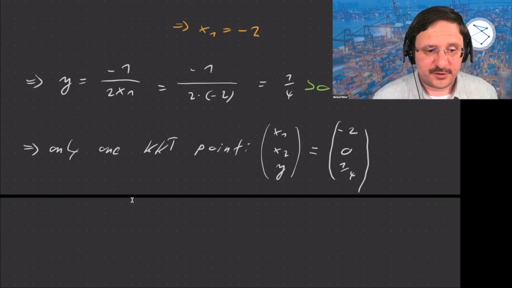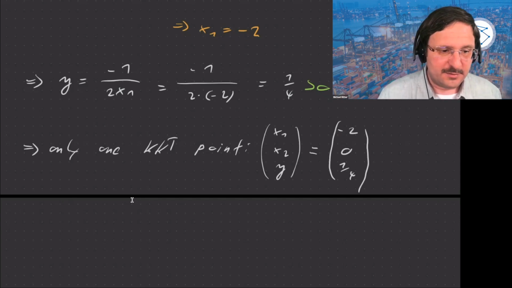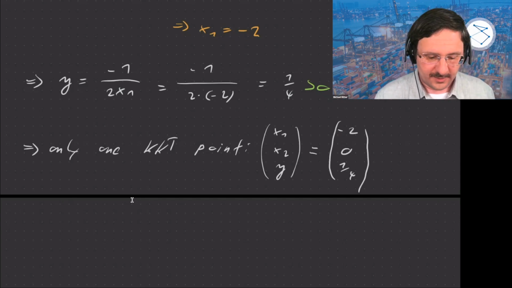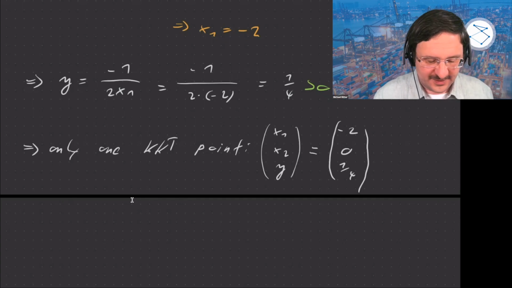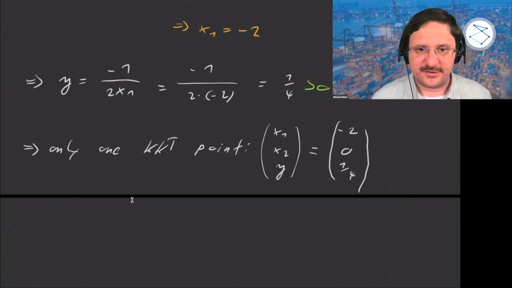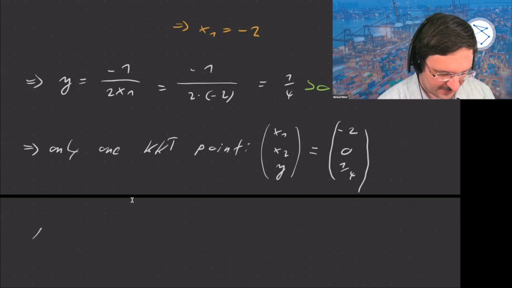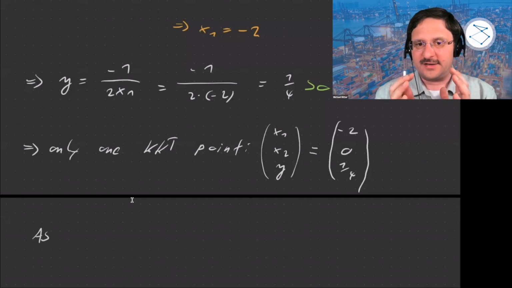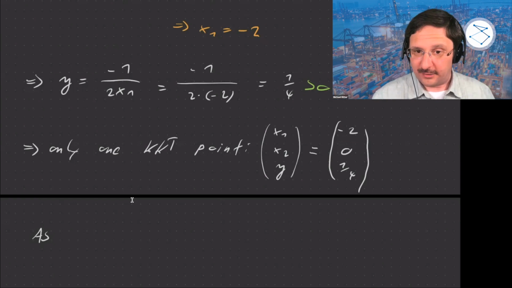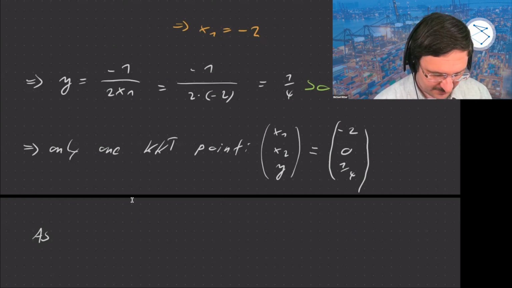Now the question is, of course, again, is that a minimum? And in this case, we can answer that in the affirmative. That has to be a minimum because the function f assumes a minimum. And we know that because the feasible set is compact. It's bounded and it's closed.